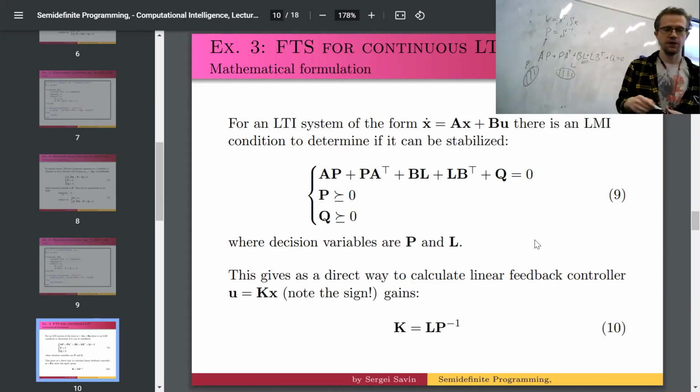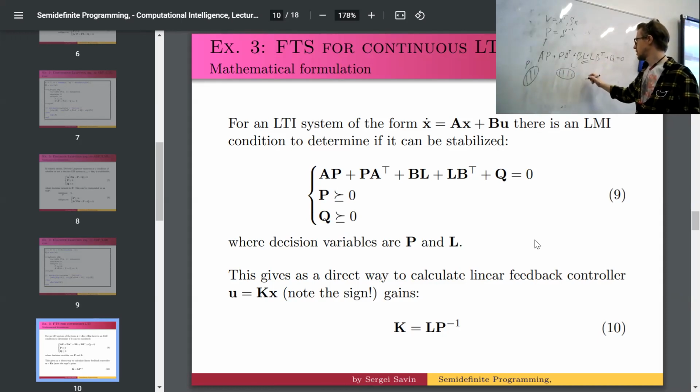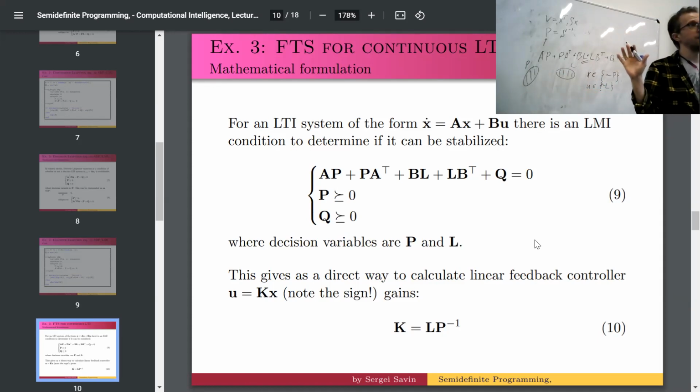And what's the story about this whole thing? Well, the story is, you know that your control, so basically your x are somehow in this ellipsoid P, and your u are somehow in this ellipsoid L. I'm writing it vaguely on purpose because we are skipping all the math, sorry about that.